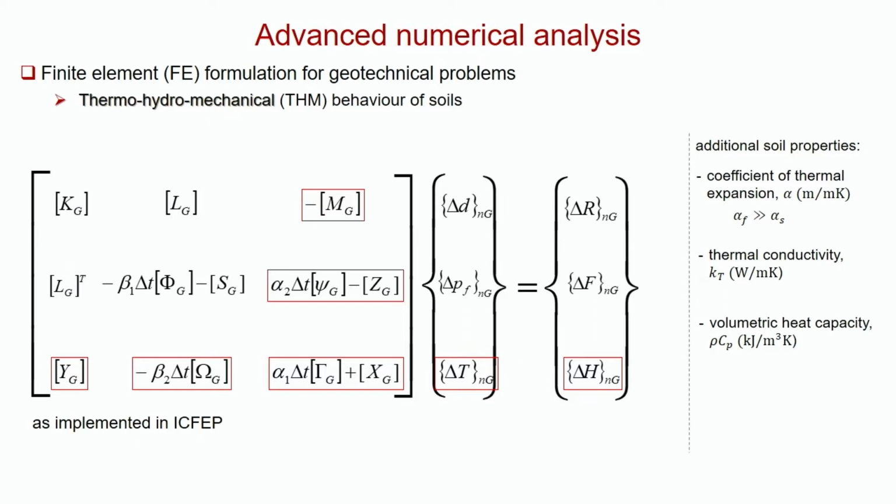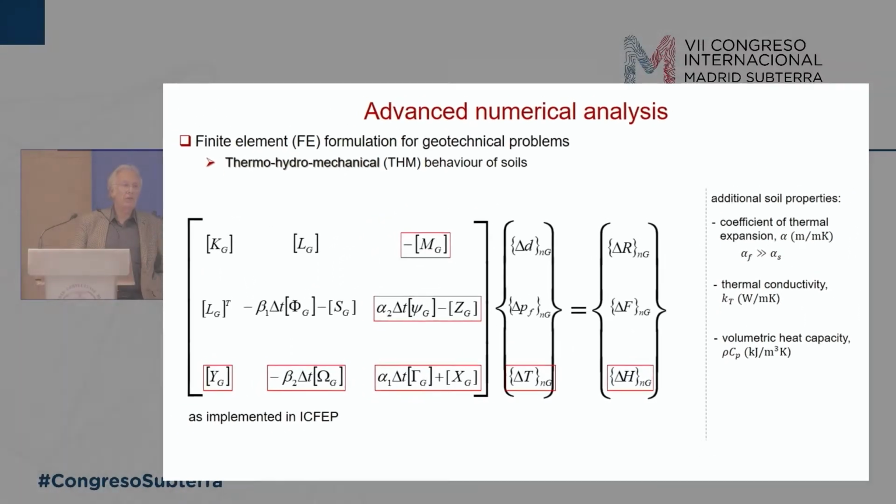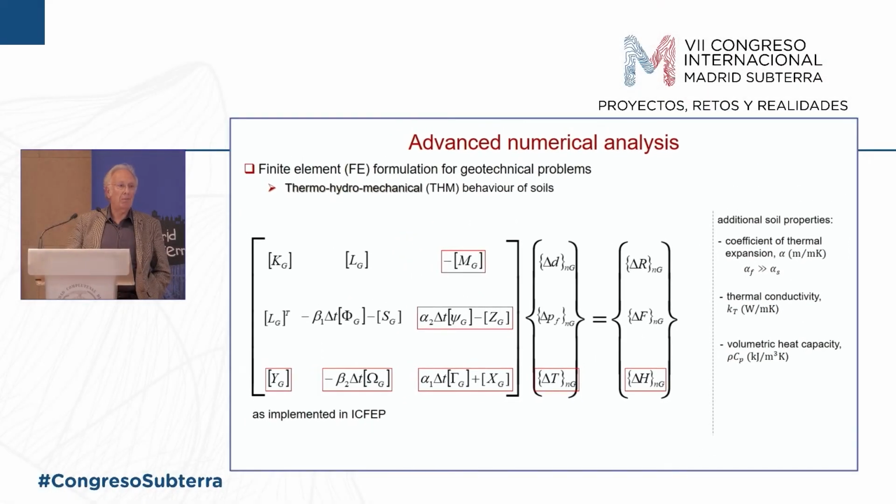So here, basically, the temperature actually affects the equilibrium equation, because the temperature will cause volume expansion. As you heat something up, it expands. Unfortunately, in soil mechanics, the water part expands more than the soil part.